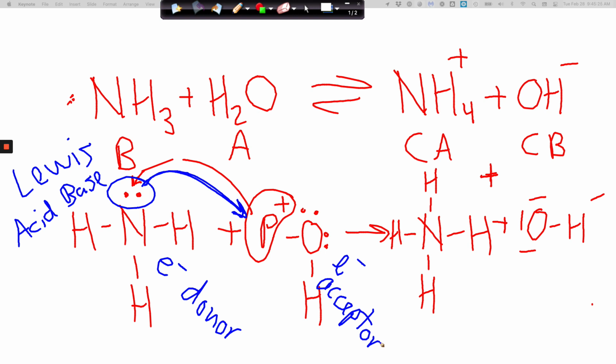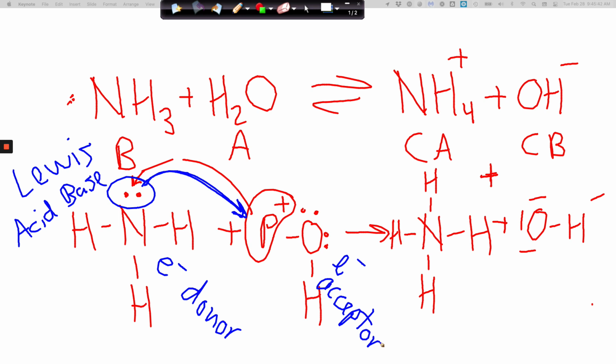There we go. So, guys, in organic, what you learn to do are what are called electron pushing diagrams. You see these little red arrows? Those little red arrows represent my blue arrows on the board.